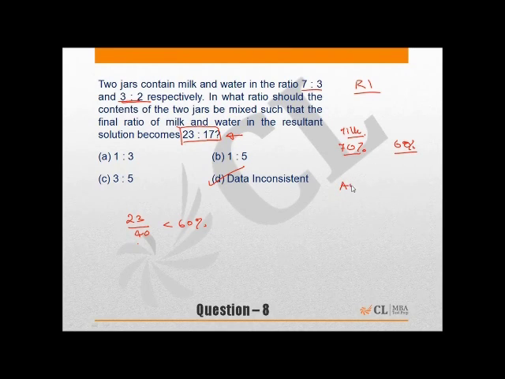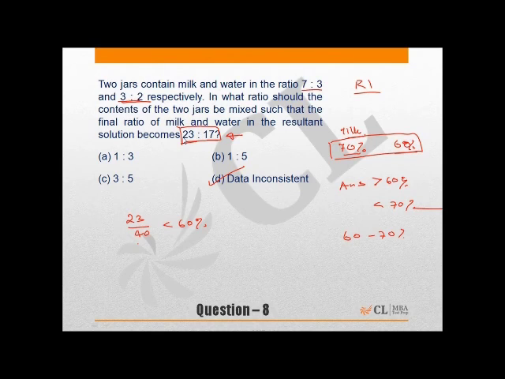My answer needs to be greater than 60% and less than 70%. Since the question says the resultant mixture is less than 60%, that means it is not possible, or it is inconsistent data. Okay.